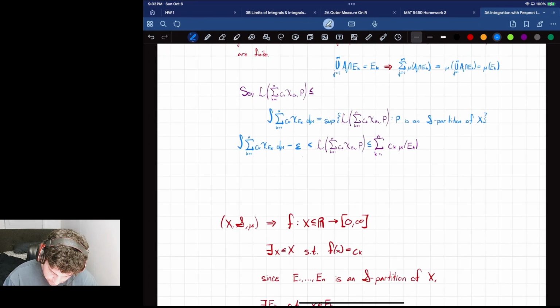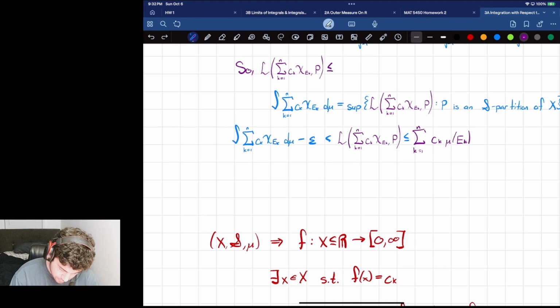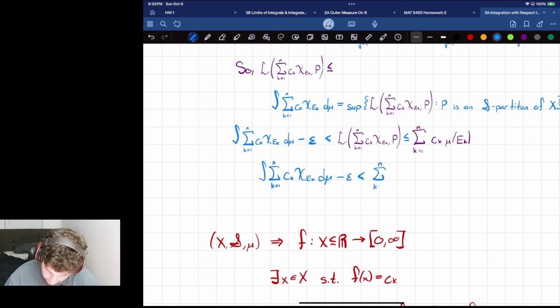So this is less than this, right? Because this comes from the supremum property, and it's basically for every epsilon there exists some lower Lebesgue sum.